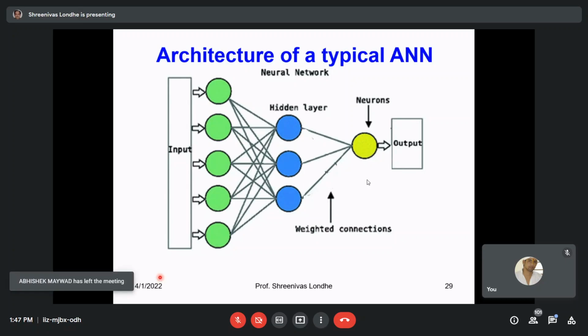This first layer is the input layer. This is the last layer, the output layer, where one neuron is there, and this in-between layer is known as a hidden layer. So this is 5:3:1. One neuron is there in output. Let me just take the pen here so that I can explain.